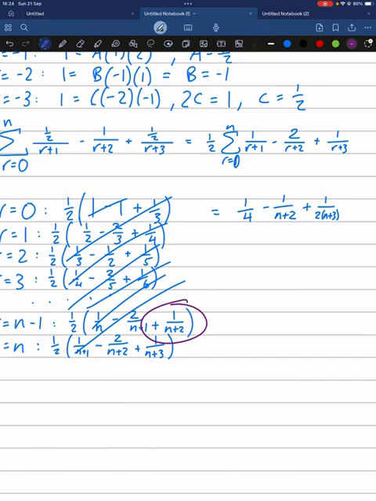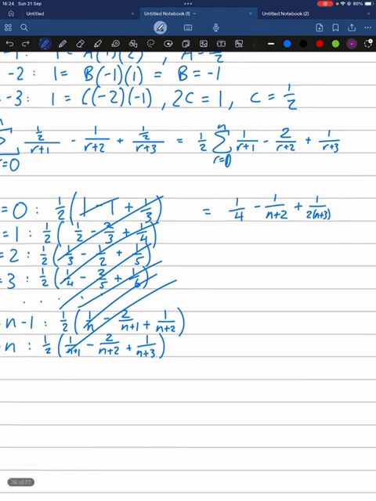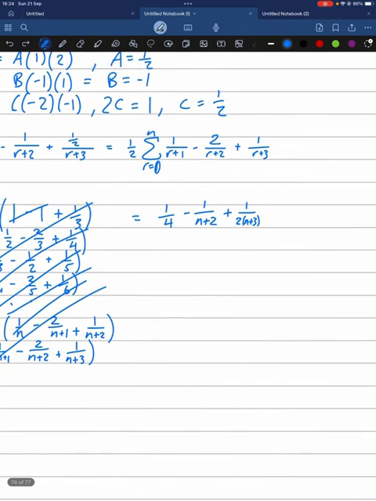Oh, and we almost forgot this one. So we'll get 1 over 2 lots of n plus 2. So this will be before here. So plus 1 over 2 lots of n plus 2.